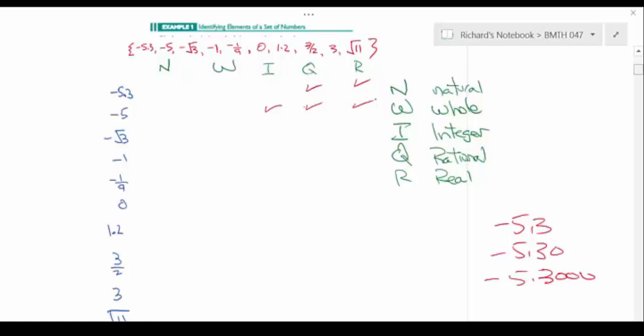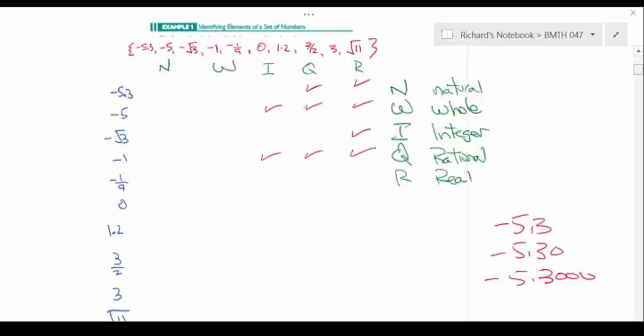So it's not natural, it's irrational, so all it is is a real number. Negative 1: there are no negatives with the natural numbers, no negatives with the whole numbers. It is an integer. And it's also a rational number and a real number.